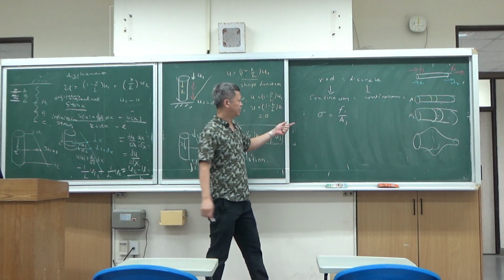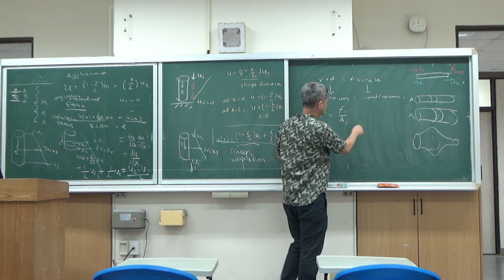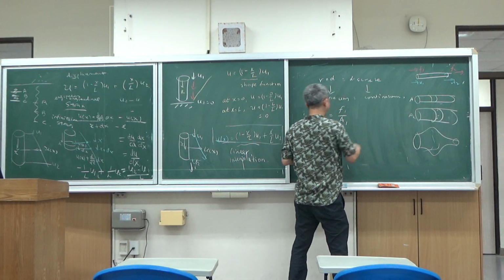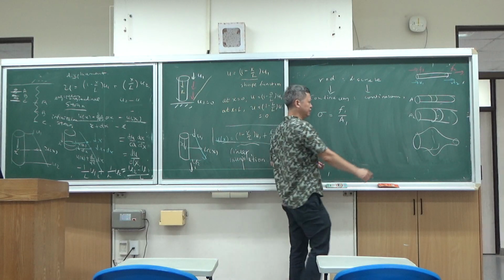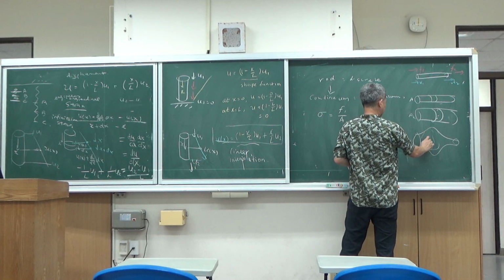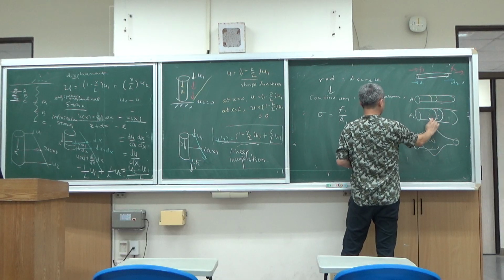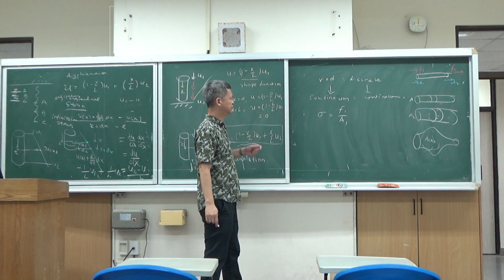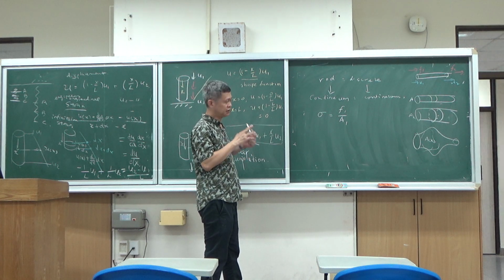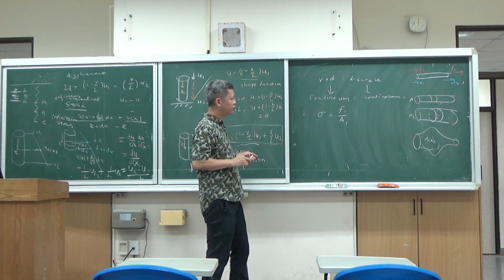If that's the case, this is going to be different. The cross-sectional area could be a function of position as well.